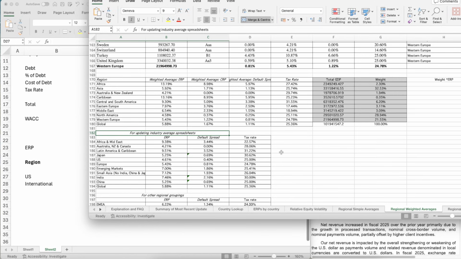These are all available on Professor Damodaran's website. If you just type him into Google, you'll go to this page. You can find all of his spreadsheets. For this, you want to look for country risk premium or equity risk premium, and it will guide you to the correct one to download. So the US equity risk premium on this one is 4.61%.